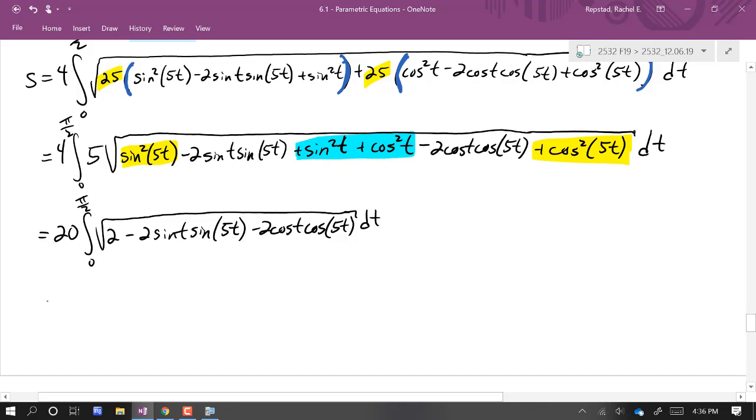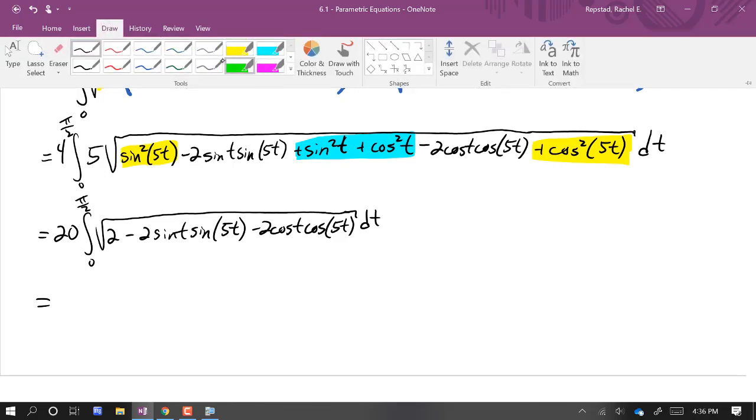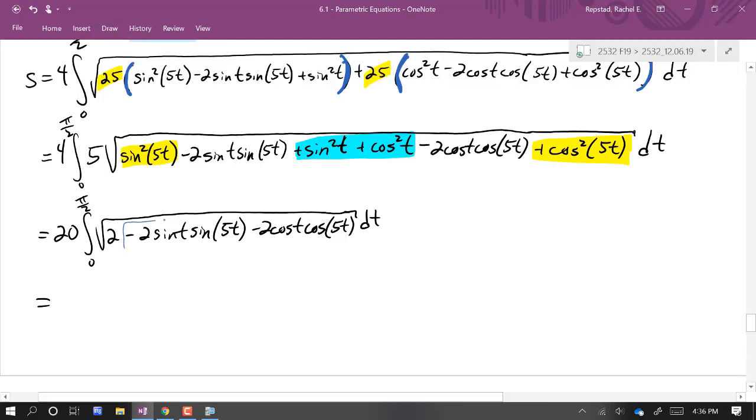Now I'm going to make one thing that looks like a leap. I'm going to tell you how it's done, and I'll share some more detailed work, but it takes a few minutes to work out. It's a trig identity. It's one that we don't employ very often, but if you use one of the sum to product formulas, you can show that this part here is equal to negative 2 cosine 4t.